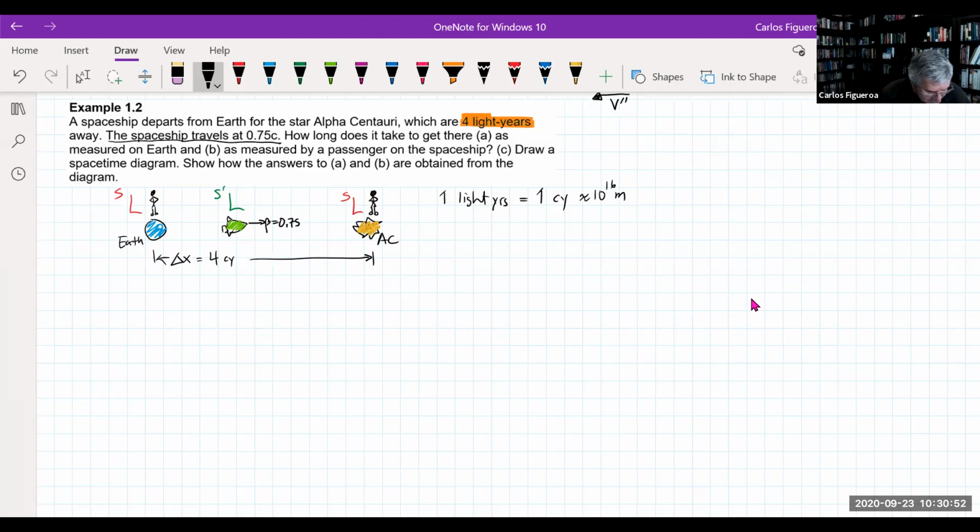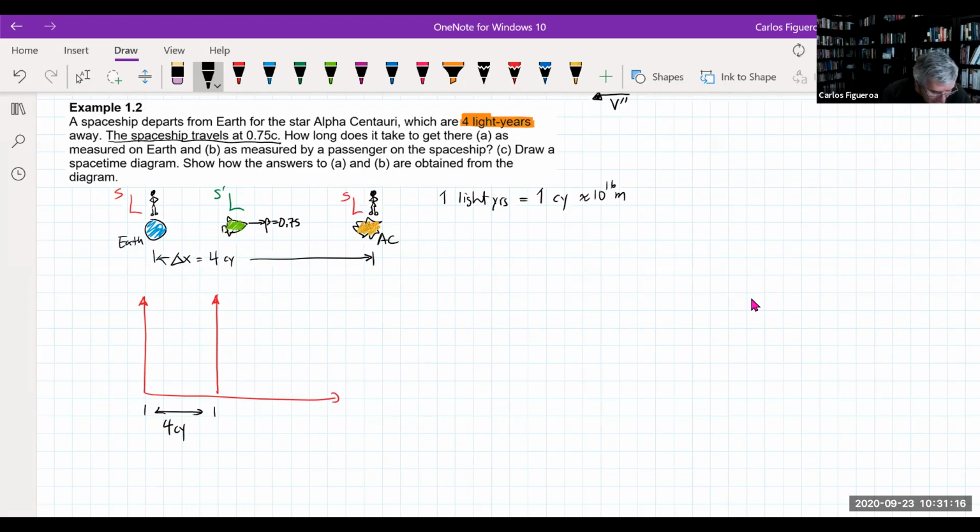So the question is that now we have a distance here. When I look at my space-time diagrams, I have two inertial frames that look like this. And we already said that the distance between these guys right here is 4 light years.